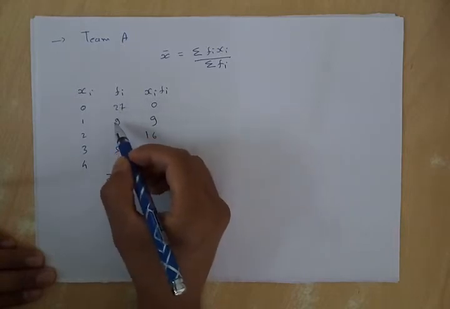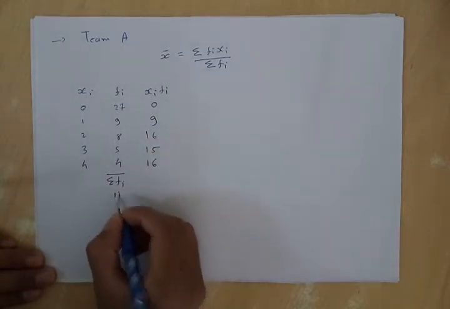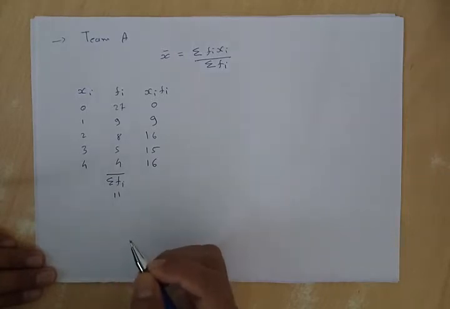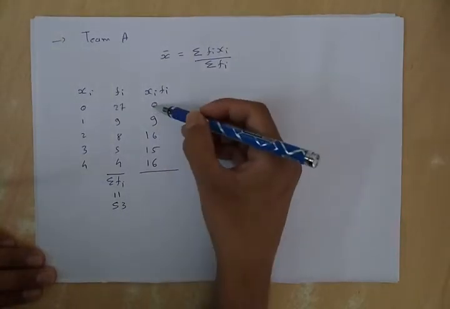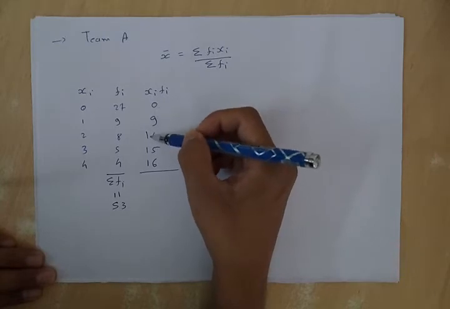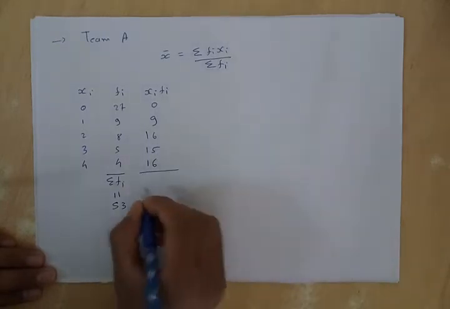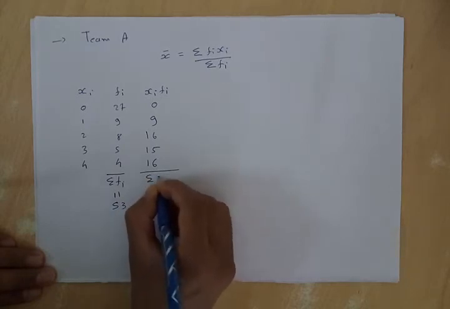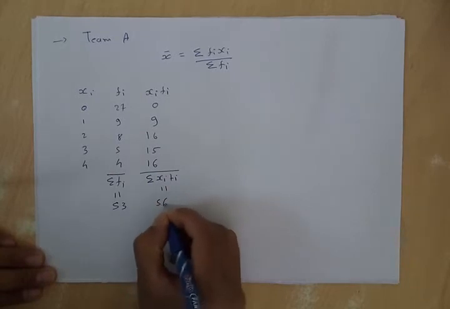So 27 plus 9 plus 8 plus 5 plus 4, that will give you answer as 53. Now we will do summation of all these terms. 0 plus 9 plus 16 plus 15 plus 16. So sigma xi fi is equal to 56.